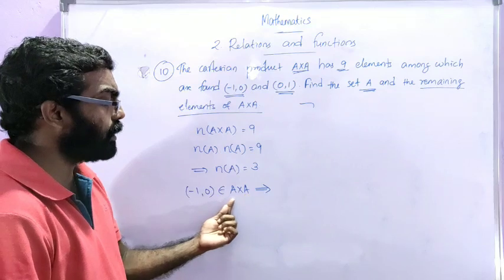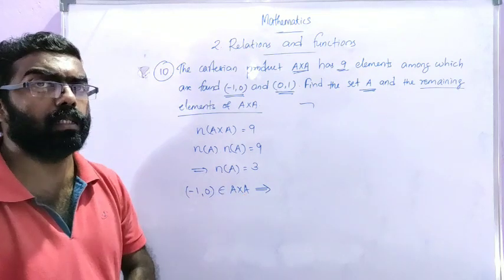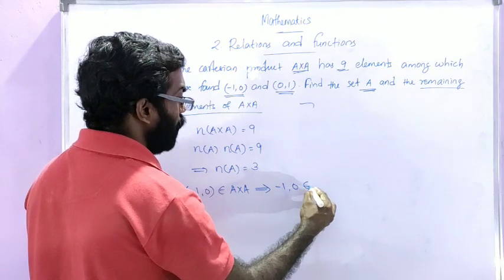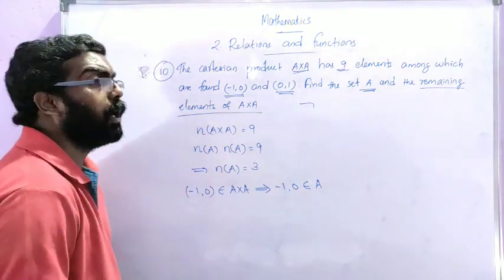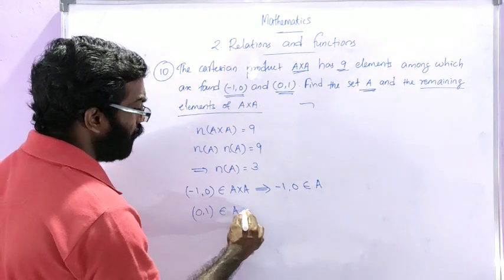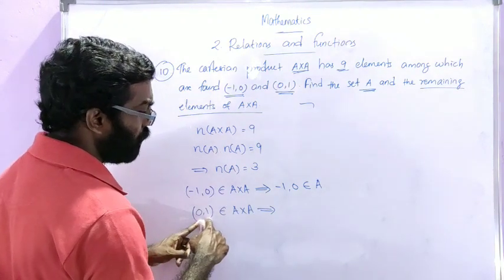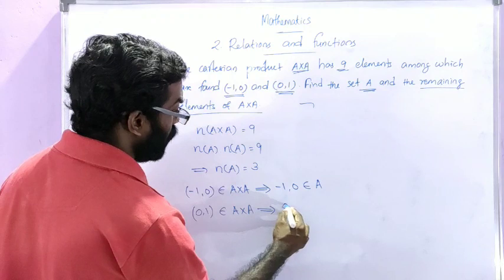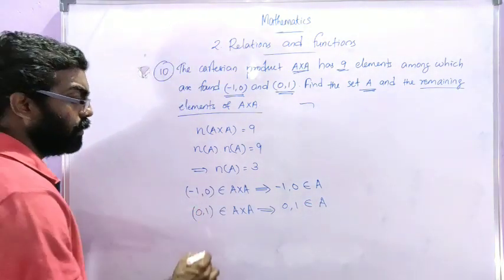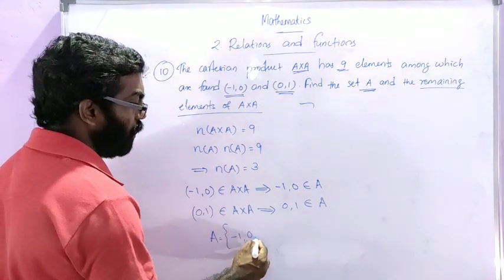Here both the sets are the same, A cross A, so both elements belong to the set A. So -1, 0 belong to set A. And (0, 1) also belongs to A cross A, so 0, 1 belong to the set A. So we can write set A is equal to {-1, 0, 1}.